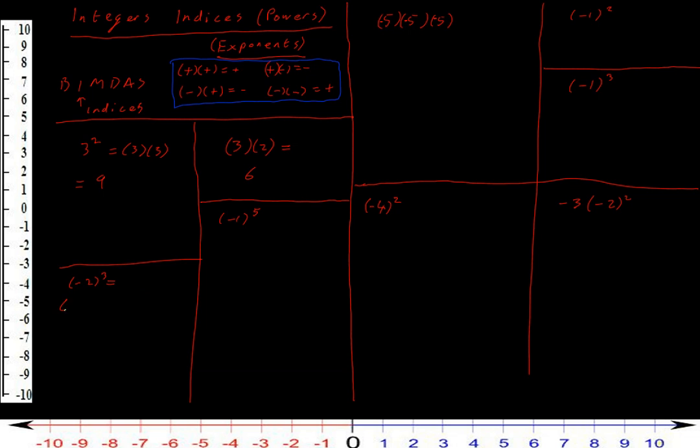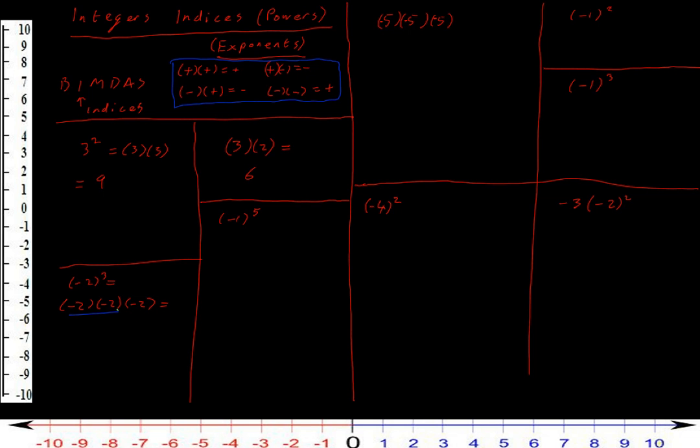I'm going to write down minus 2 multiplied by minus 2 multiplied by minus 2. Minus 2 multiplied by itself 3 times. That's what my little 3 tells me. So now I'm going to start doing my problems. I have minus 2 multiplied by minus 2. I'm going to do 2 numbers at a time.